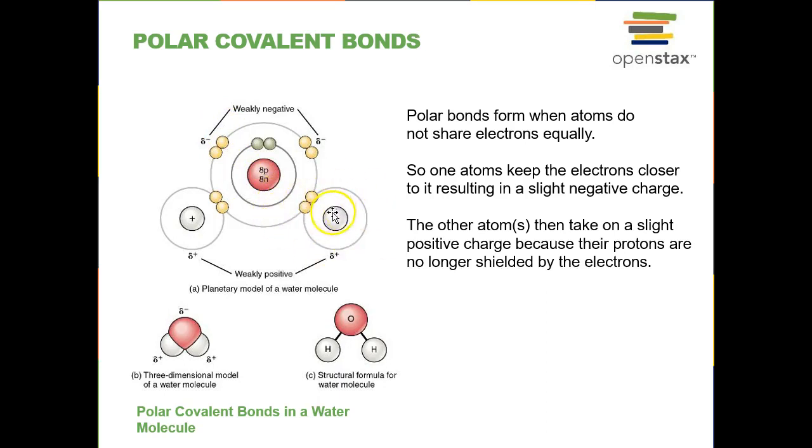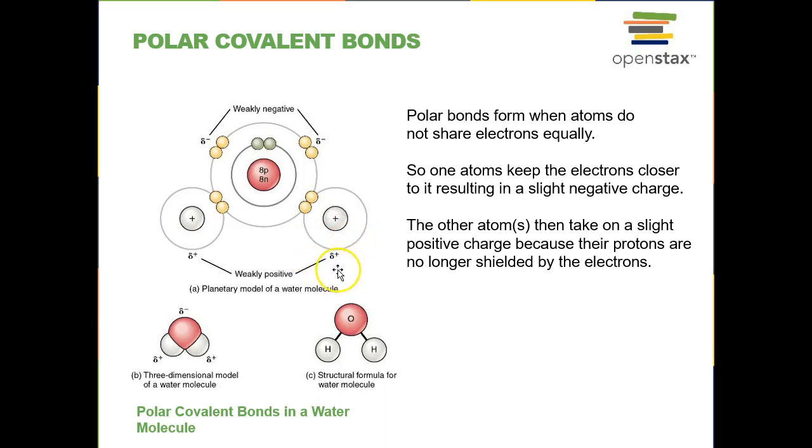And here now, hydrogen's electrons that usually just spend time around hydrogen's nucleus are now spending more time closer to the oxygen nucleus, and hydrogen's electron is therefore not counteracting or neutralizing the positive charge on the proton in the hydrogen, and the hydrogen portion of the molecule takes on a partial positive charge.